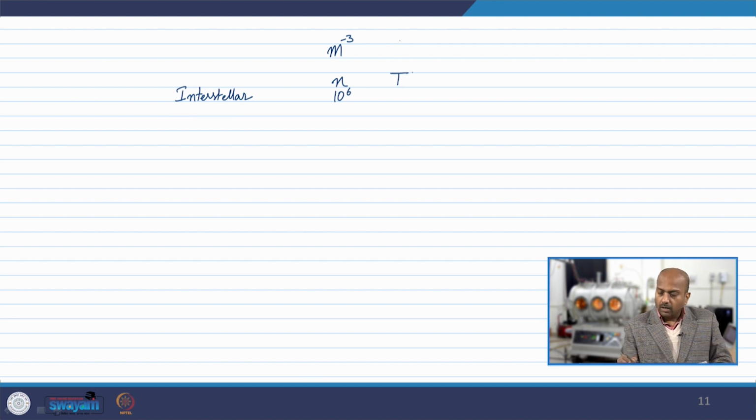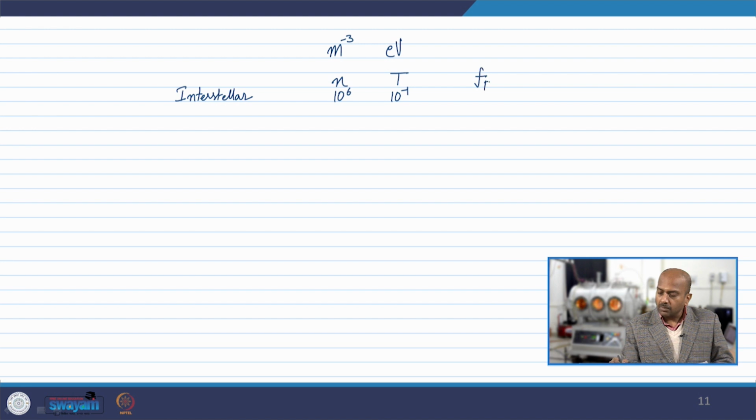What I'll do is I'll list the various types of plasmas. Let's say interstellar plasma. So, the number density of interstellar plasma is of the order of 10 to the power of 6. This number density is written in the units of per meter cube, that is number of particles per meter cube, and the temperature of plasma in the units of electron volts is of the order of 10 to the power of minus 1.